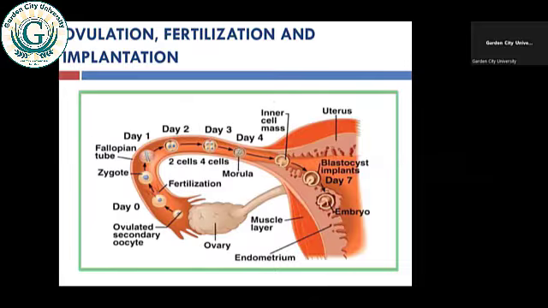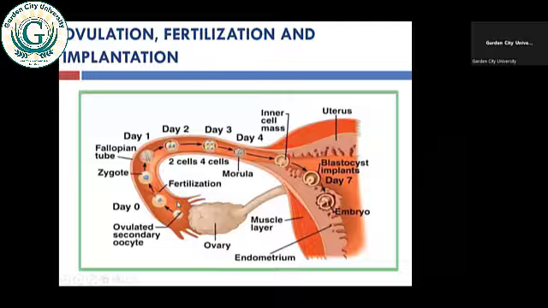Then, in case the ovum was fertilized, this is a diagram showing how the fertilized ovum moves from the fallopian tube until it is embedded within the uterine wall, within the endometrium. We'll discuss that in detail, or it has been discussed in detail in other subjects.